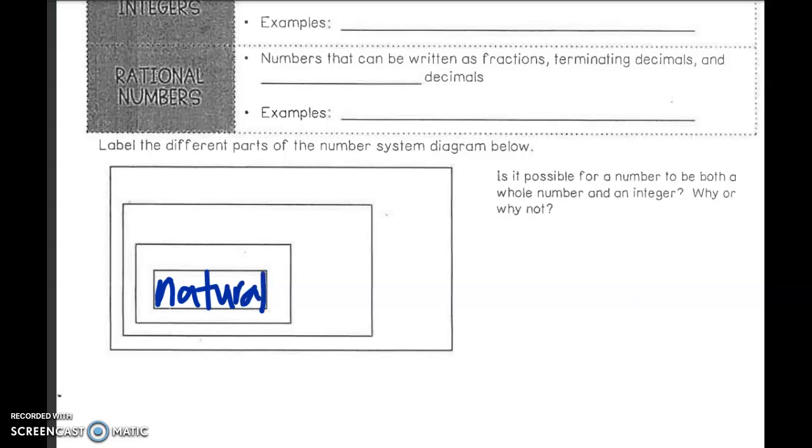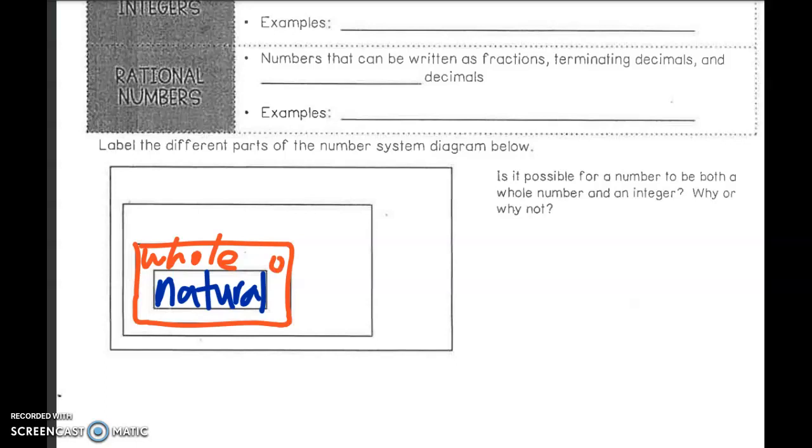And then after natural, you have whole numbers. Now, notice how natural numbers falls within whole numbers, right? Because the whole number is this entire box right here. Well, look what's included in that. Natural numbers are included in that. So whole numbers are natural numbers and 0. Remember, that's the only thing that's different.